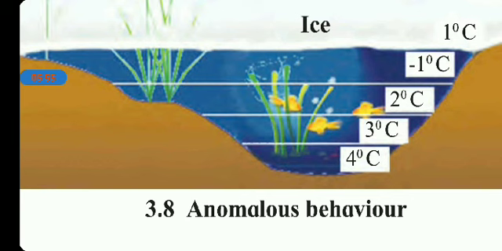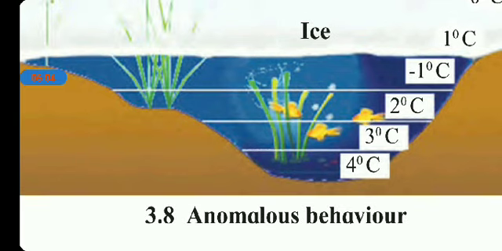The deeper water comes to the top to replace the cold water. That means it's like a stream. This upper water, which is at 4 degrees, becomes denser and comes down to the bottom, and whatever water is present at the bottom starts coming to the top to replace the cold water.